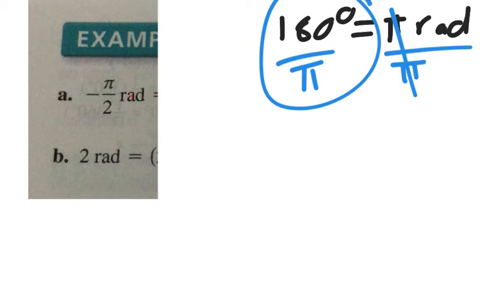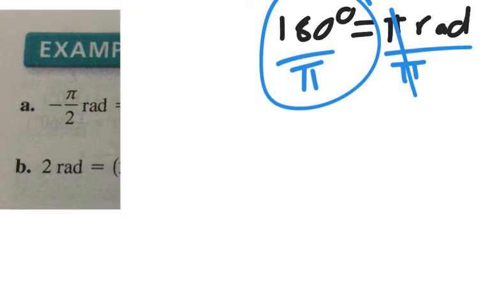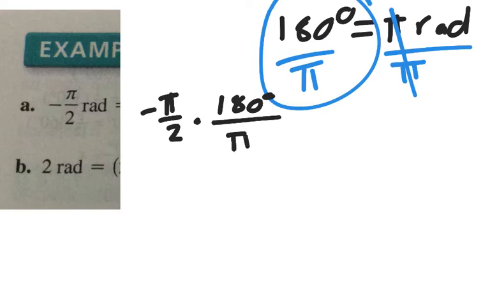So when I set it up for A part, I've got negative pi over 2, and this is in radians. That's going to be multiplied by 180 degrees over pi. Okay, so this time, my degrees don't cancel. That's good. That means I'm going to have degrees left in my answer.